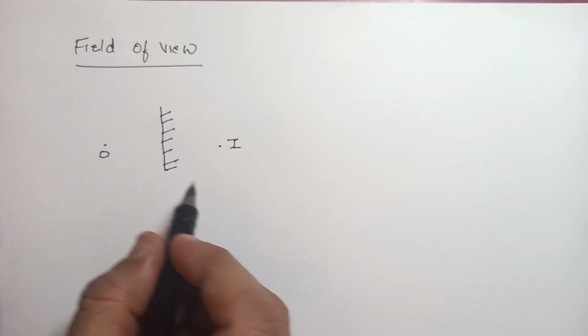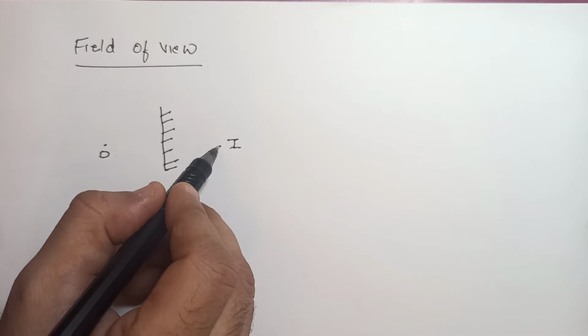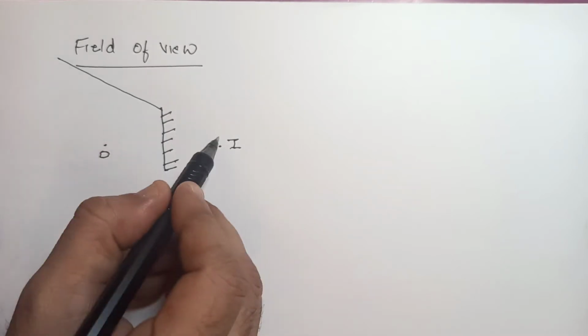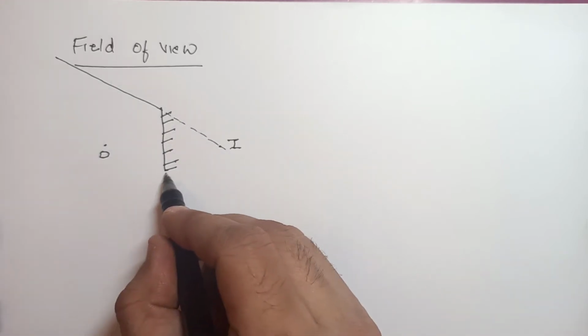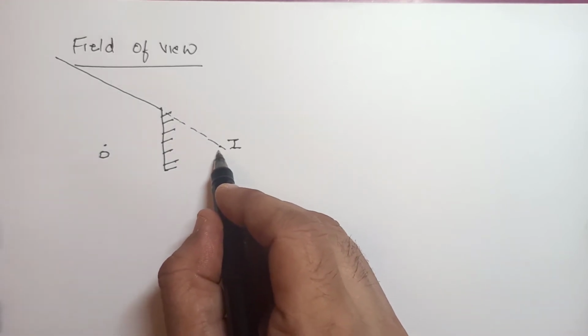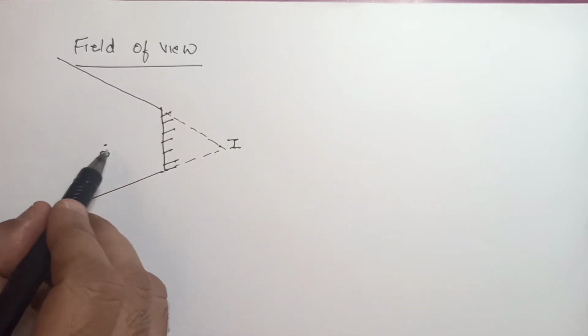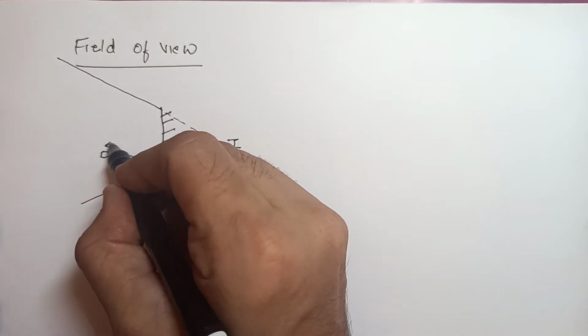Now at this point, we will look at the farthest point. So it will go this way. Similarly, here the farthest point would be what? Correct. Now just connect this and connect this.